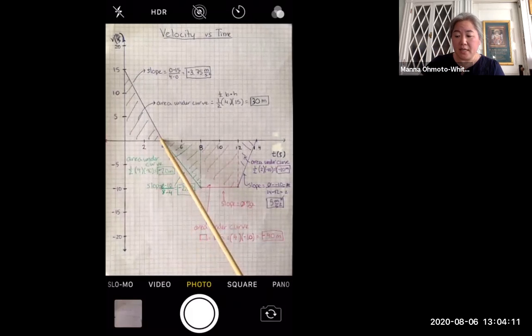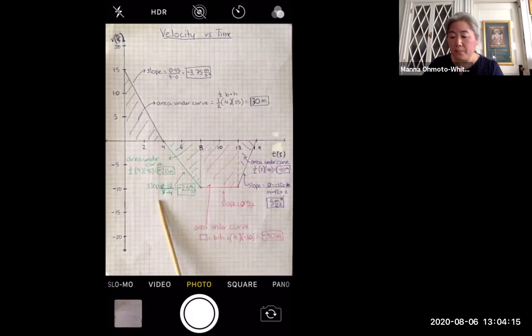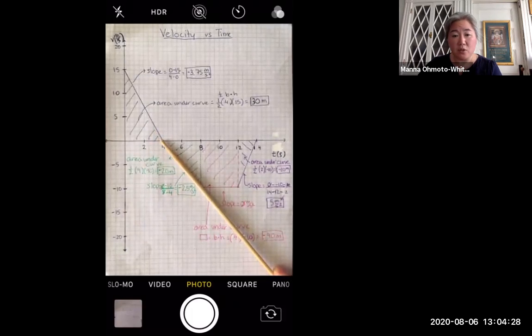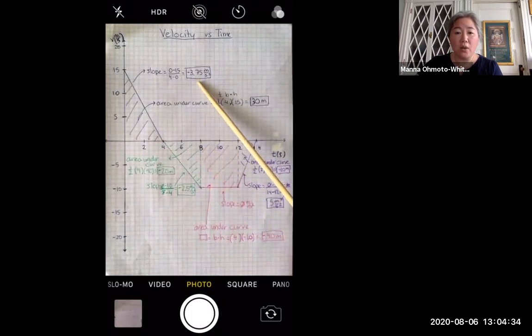Then my object moves backwards but starts to speed up. So the slope of my line will still be negative, and as a result, my acceleration will still be negative. But in this case, the slope of my line is less severe, so I'm expecting the value to be lower. And in fact, negative 2.5 meters per second squared is a lower magnitude than negative 3.75.